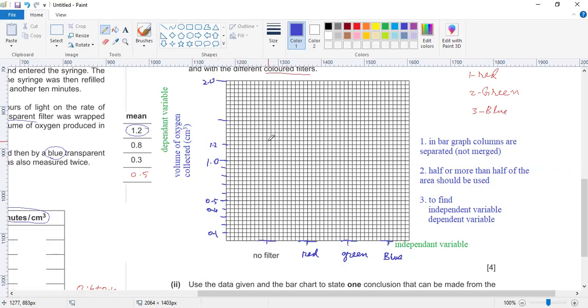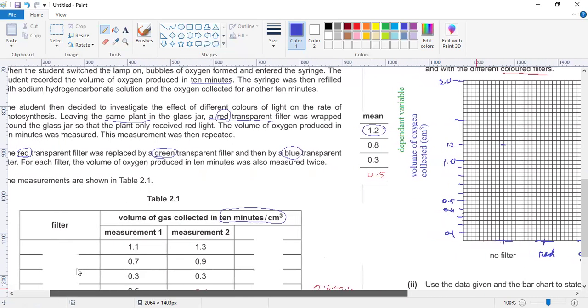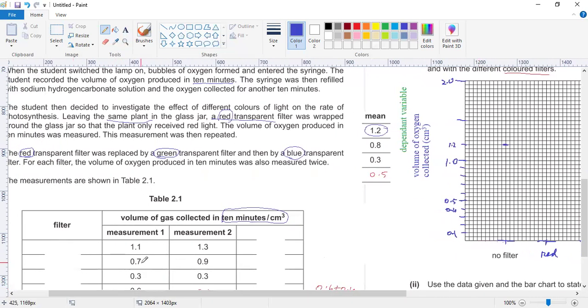On the grid, this is the mark for 1.2. And for red, it was 0.7 and 0.9.